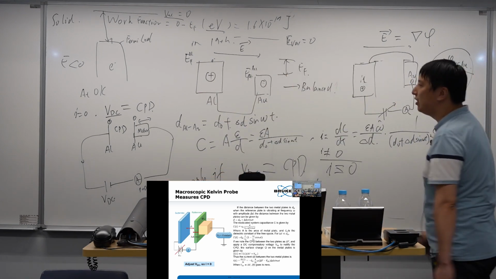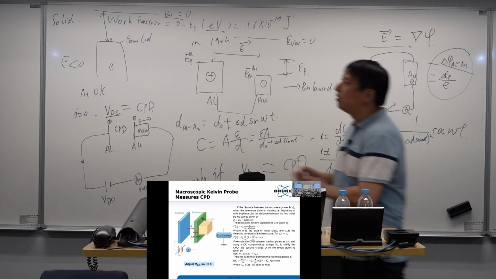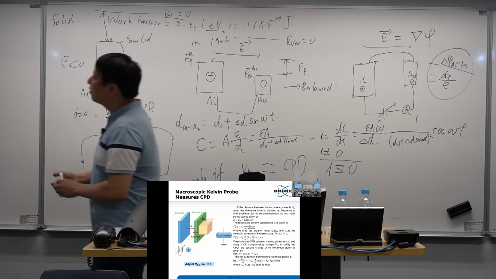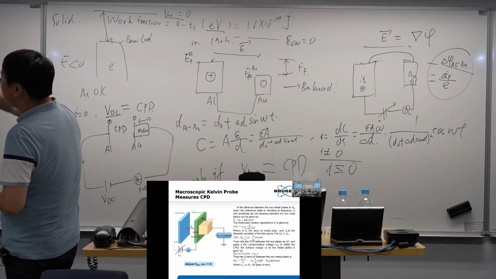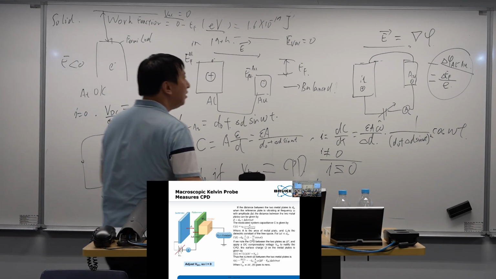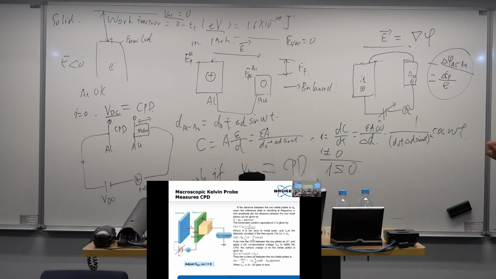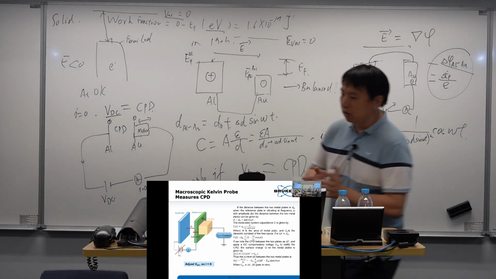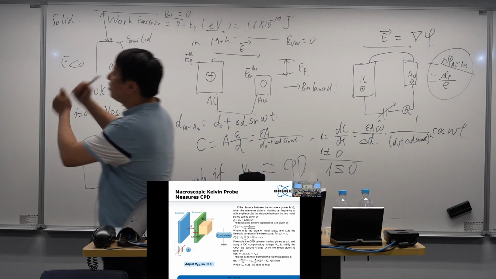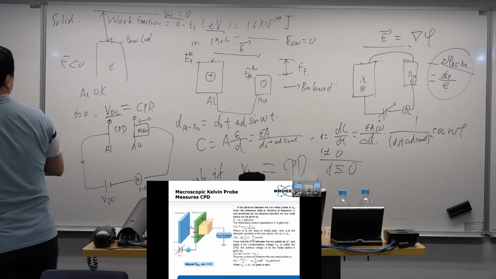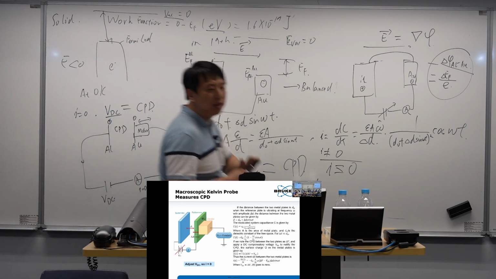That's his modification, and it's a quite smart way. So Sir Kelvin and this gentleman invented this method to detect the potential difference. So we want to use this kind of method to measure the surface potential.